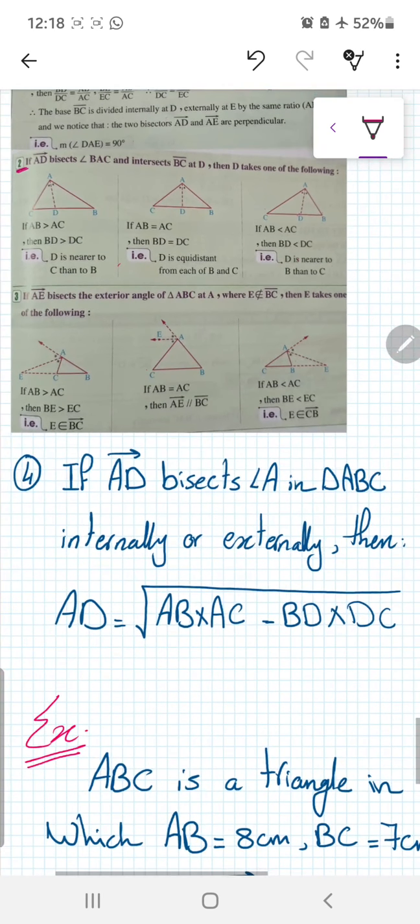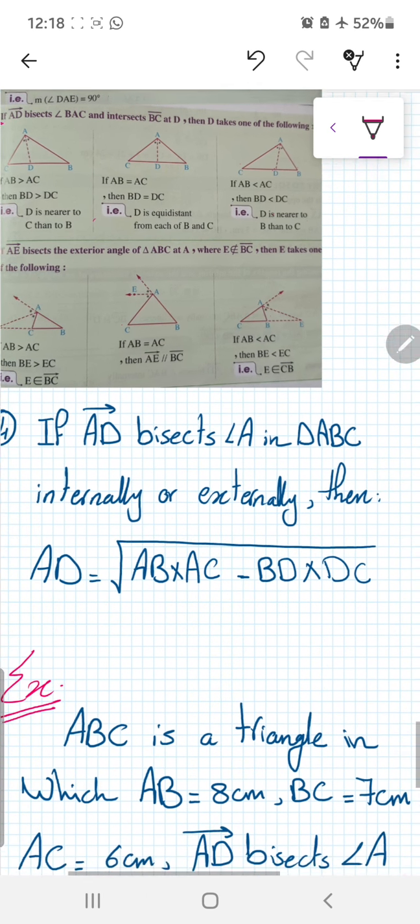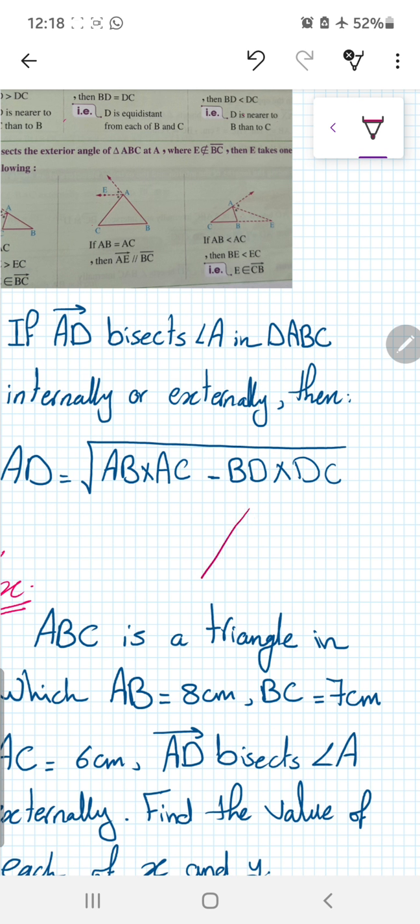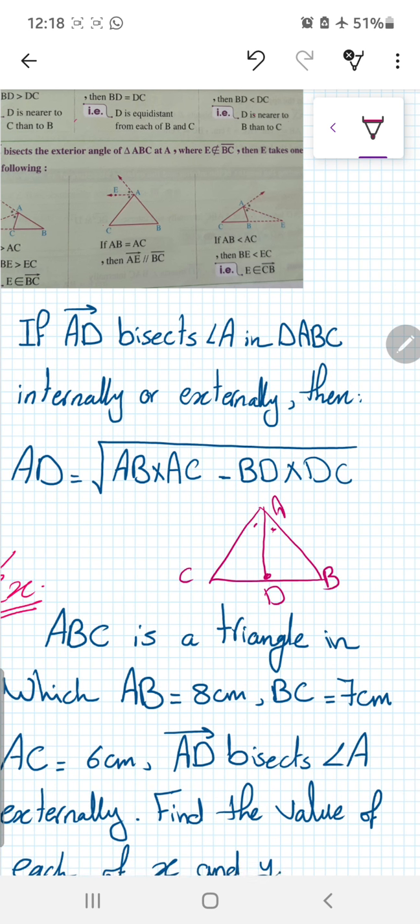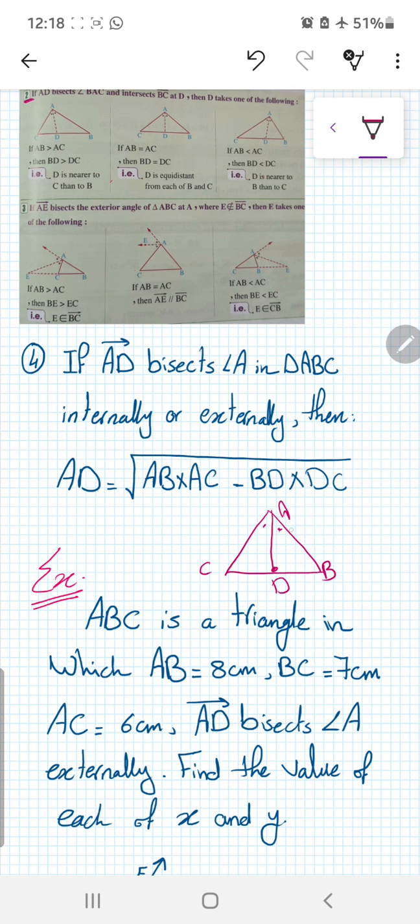The last one, in the examples, like in the triangle ABC, if D is the bisector of angle A, from here we get the ratios to get the length of BD or DC or AC or AB.